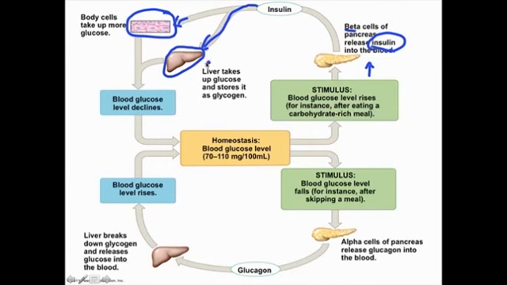The liver will take up the glucose and store it in the storage form of glycogen. That way it can be readily accessed should there be a need for additional glucose at a later point. Both of these work together to cause a decline in the blood glucose levels, which would then return our system to homeostasis, putting our blood glucose levels back to an acceptable level.